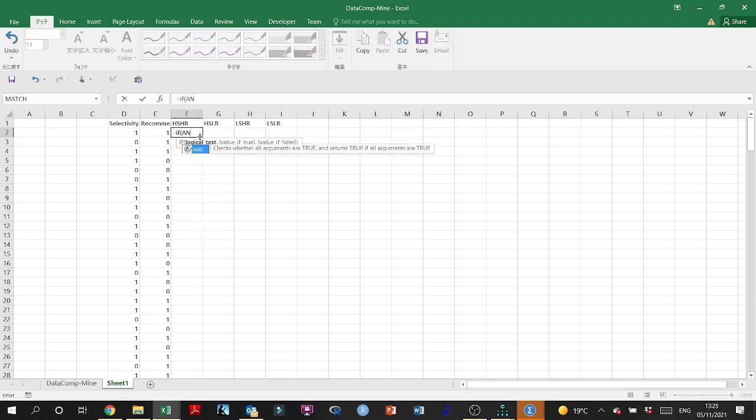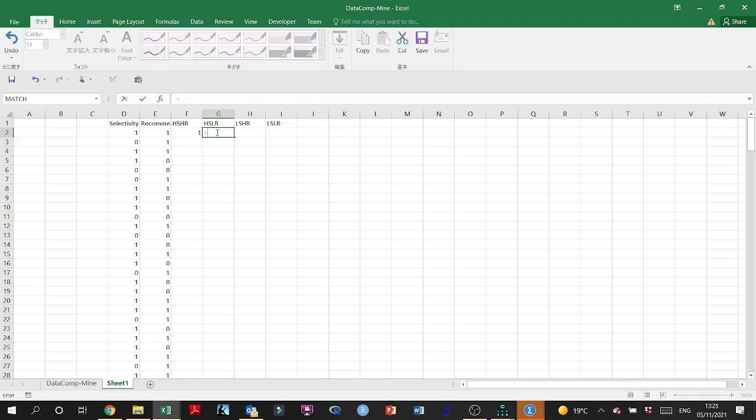So if this is high, which is equal to 1, and this is also high, so this will be equal to 1, then give me 1, else give me 0.